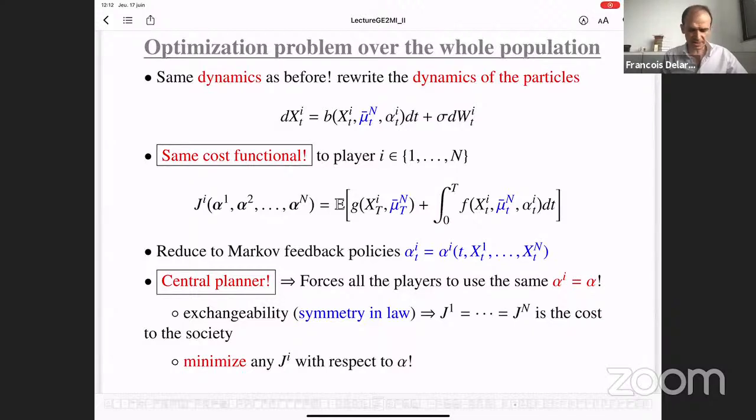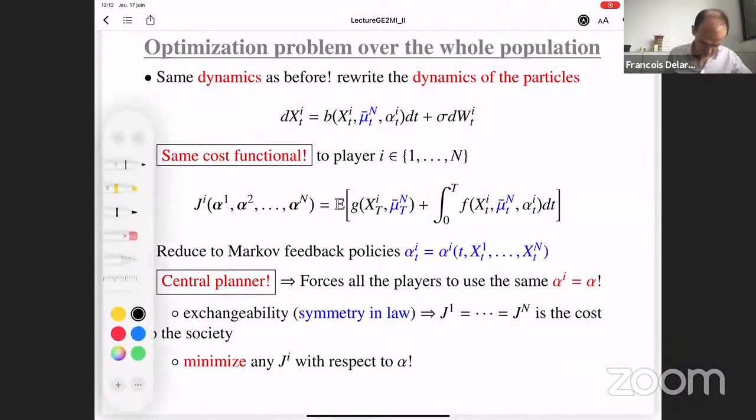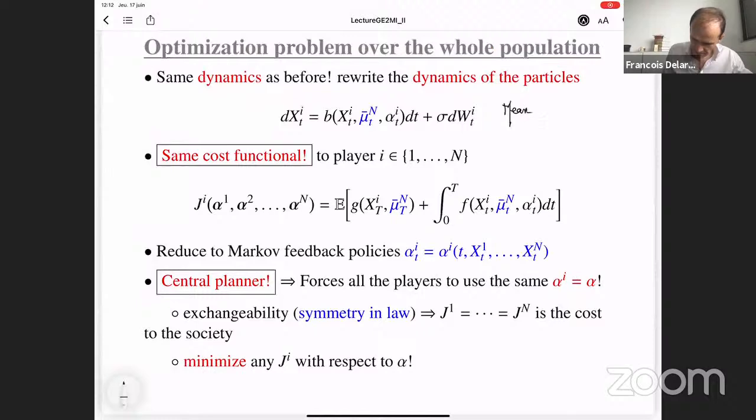The first thing is that in addition to mean-field games, you have another expanding theory using the same tools, but the modeling is a bit different. This is what we call mean-field control problem, or mean-field control theory.